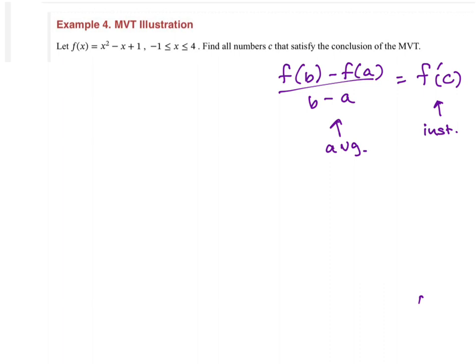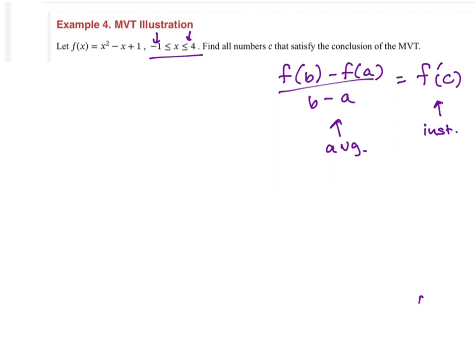Okay. So first question here is what's b and what's a? How do we get those numbers? Your two values in your window. Yeah, they gave us an interval. So before we got to this particular lesson, they might have said, what is the average rate of change on this interval? In which case you would plug in 4 for b and -1 for a.